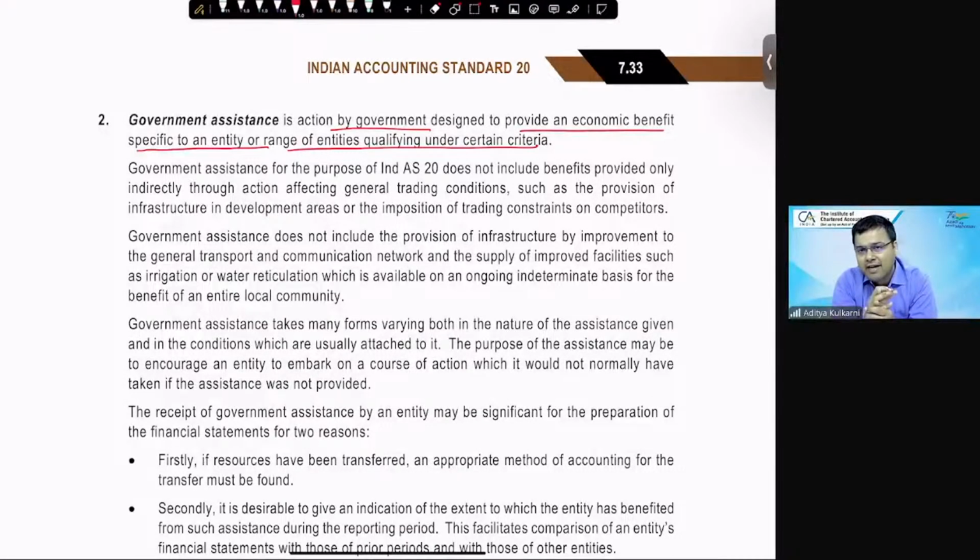So you will have entities, I can name them, but I will not.